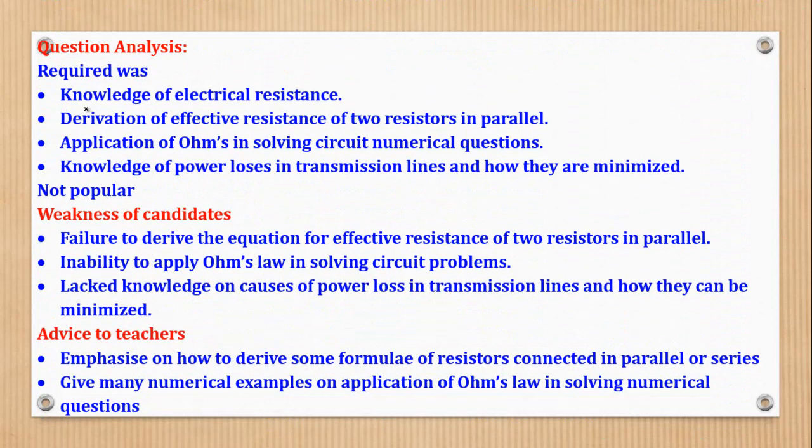So question analysis, the question required knowledge of electrical resistance, derivation of effective resistance, application of Ohm's law, and knowledge of power loss in transmission lines and how they are minimized. Weakness was failure to derive the equation for effective resistance, inability to apply Ohm's law in solving circuit problems, and lack of knowledge on cause of power loss in transmission lines and how they can be minimized.